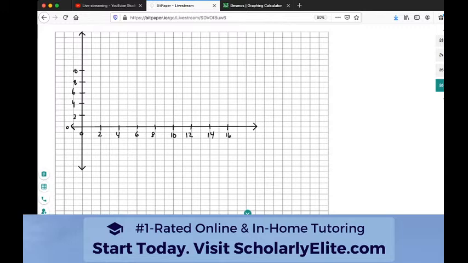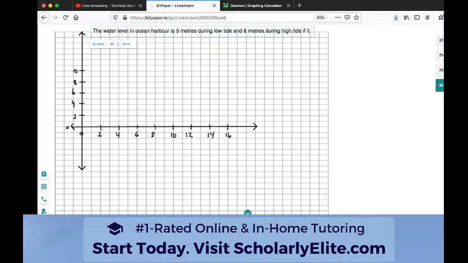Okay, and the question is saying, the water level in Ocean Harbor is 5 meters during low tide and 8 meters during high tide.